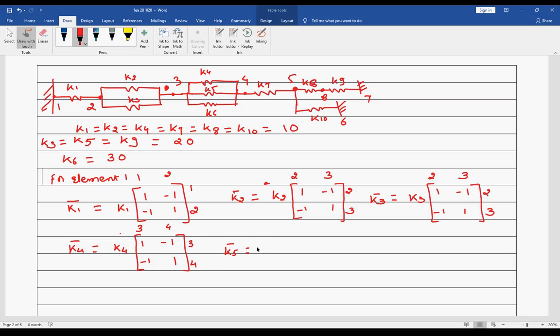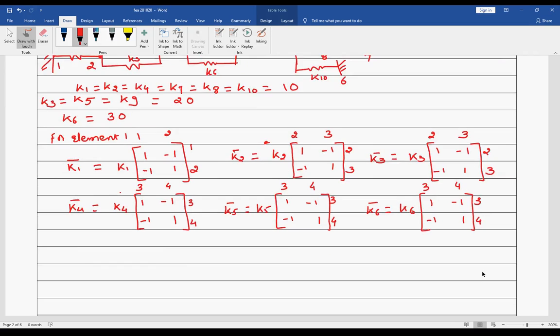Similarly, K5 bar will be equal to K5 times 1 minus 1 minus 1 1, and it will be 3 4 3 4. Likewise, K6 bar will be equal to K6 times 1 minus 1 minus 1 1, and you have 3 4 3 4. And then I have K7 which is connected to 5 6.